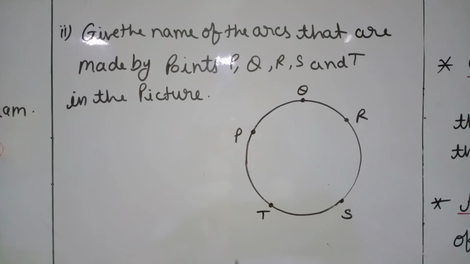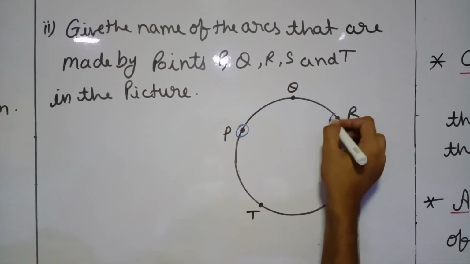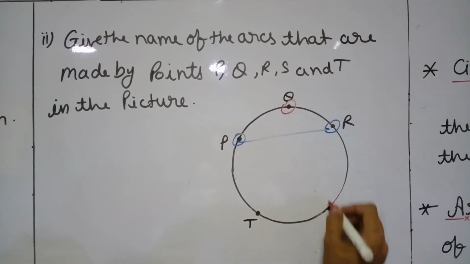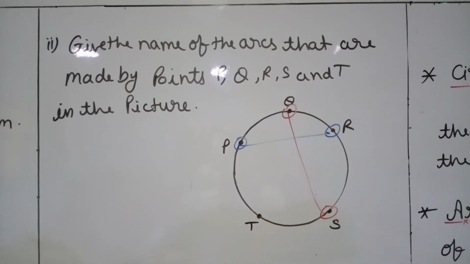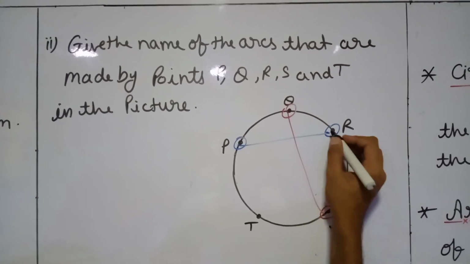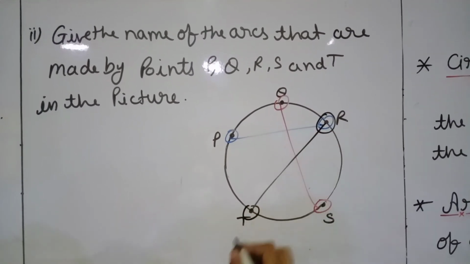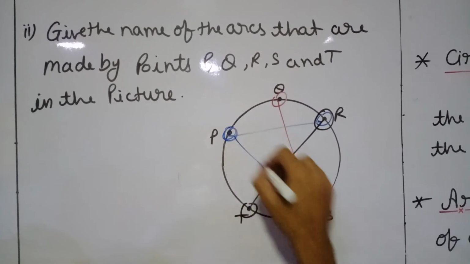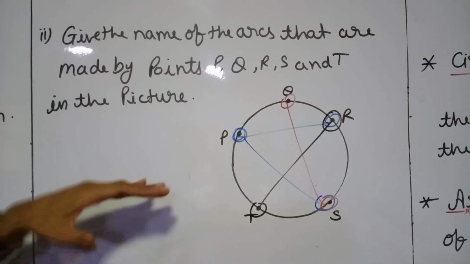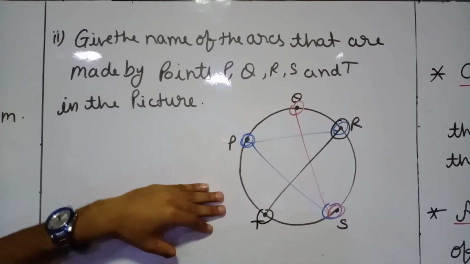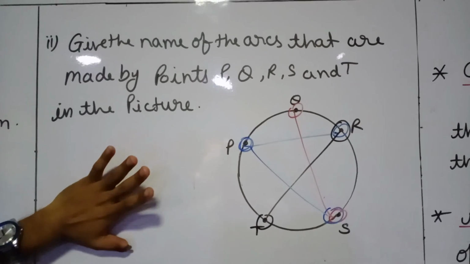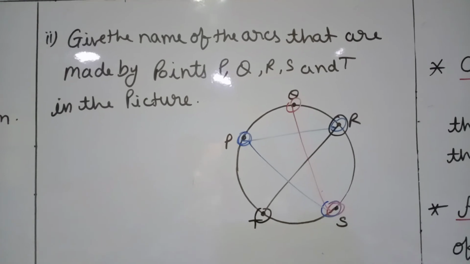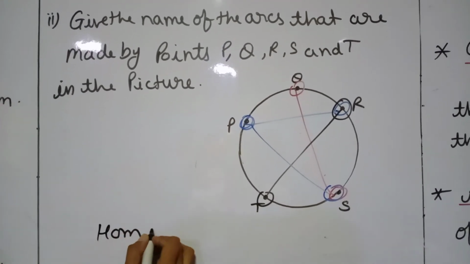So first you take endpoints P, R, then you can take Q, S, then you can take R, T, then you can take S, P. This way you can take different endpoints, and by that you can write the name of the arc, both arcs. This is the homework for you all. You have to complete it.